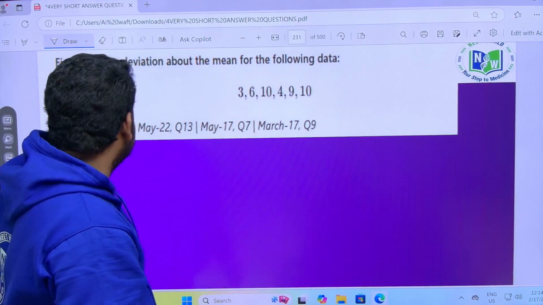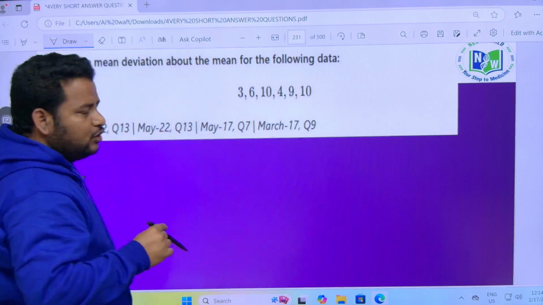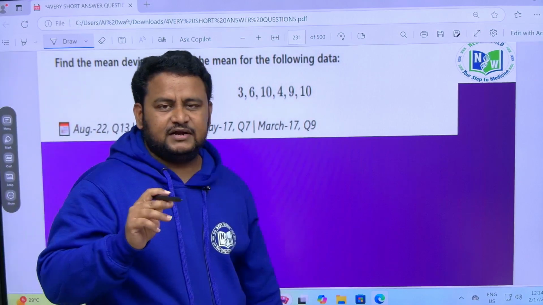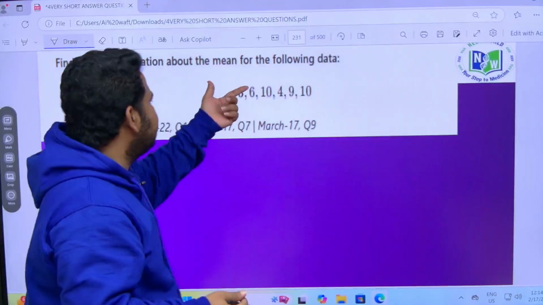Very simple questions. They have told find the mean deviation about the mean for the following. I told you mean deviation we have to find. We can find about the mean also, mean deviation about the median also. They are telling mean deviation about the mean.